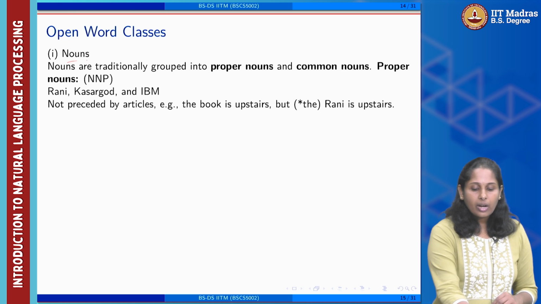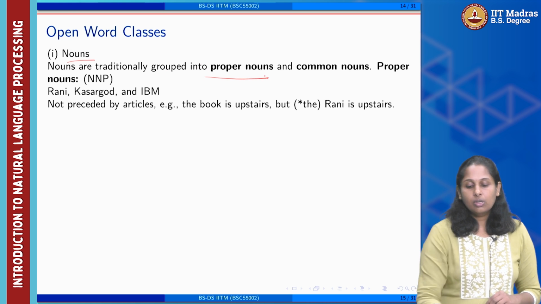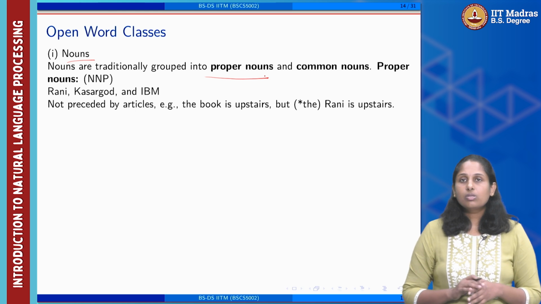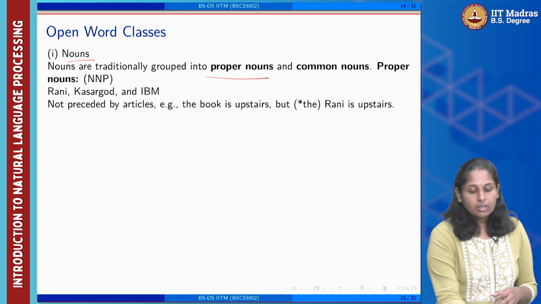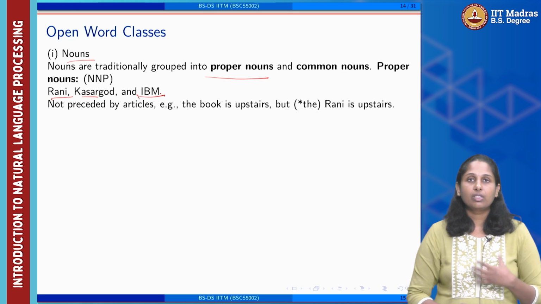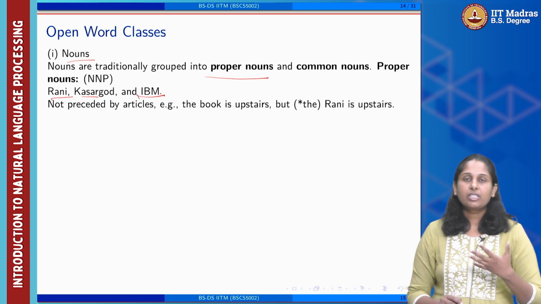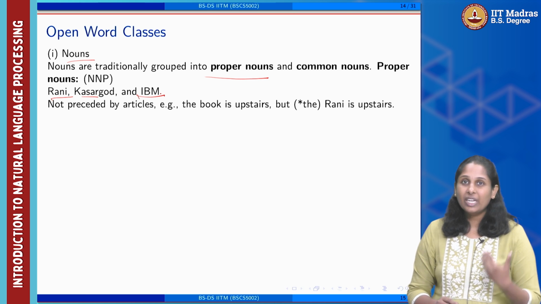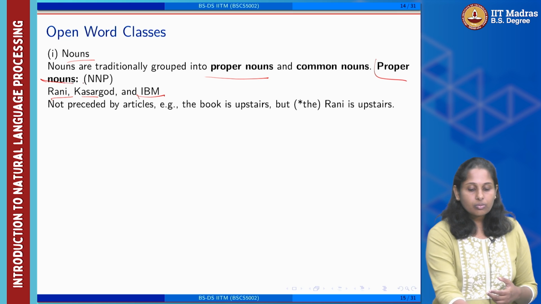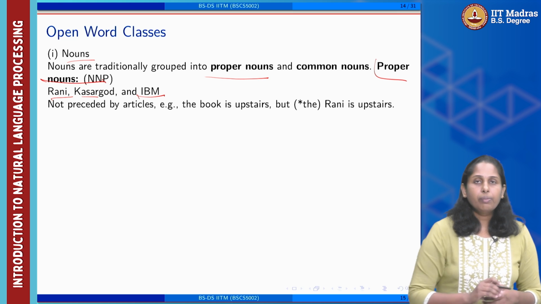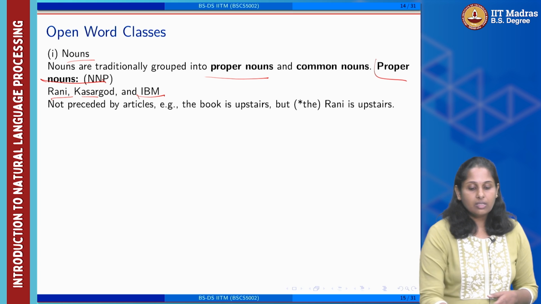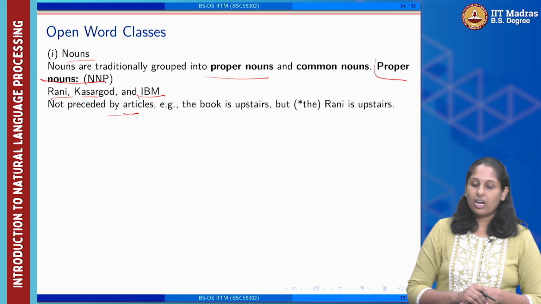So, nouns are traditionally grouped into either proper nouns or common nouns. Proper nouns are nothing but names of a person, a place, an institute or anything that we want to name as something. The best thing about a proper noun when comparing it with a common noun is that it is not preceded by articles.